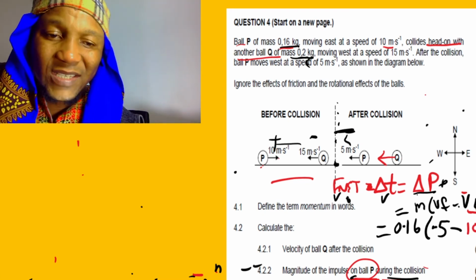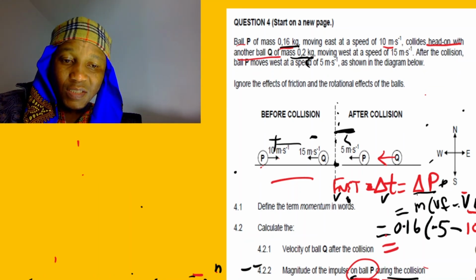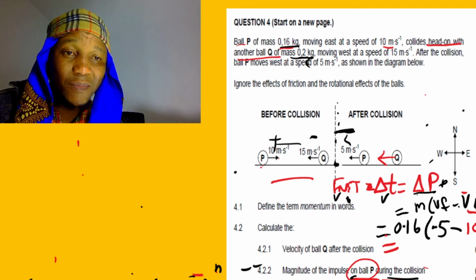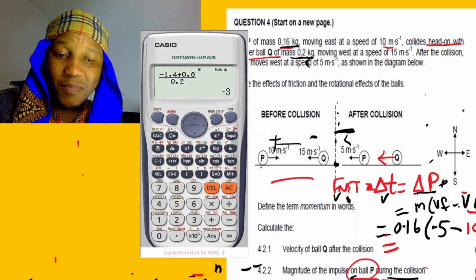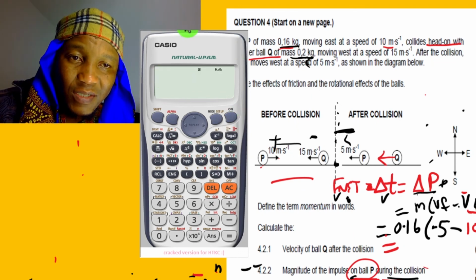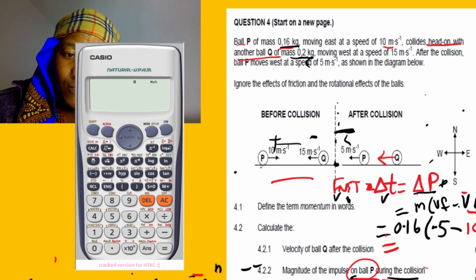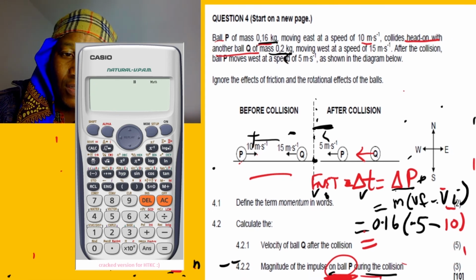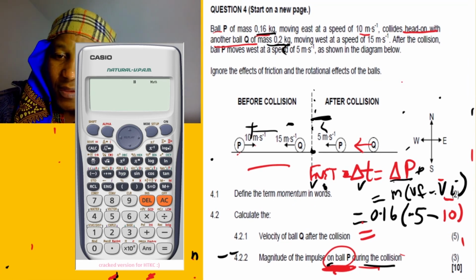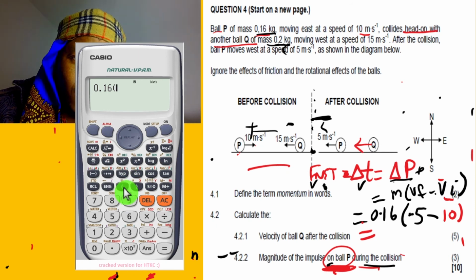So finally, you plug this into the calculator. It's easy, man. Erase everything, say just 0. Then 0.16, bracket, -5, minus 10.